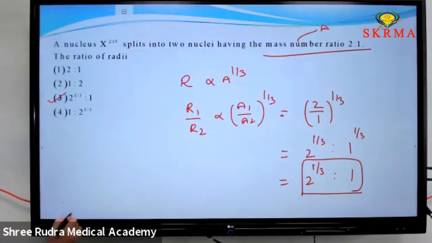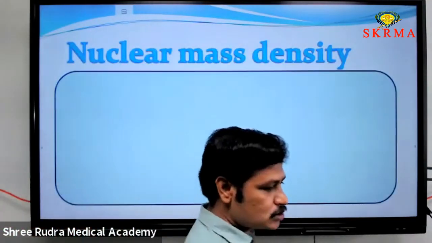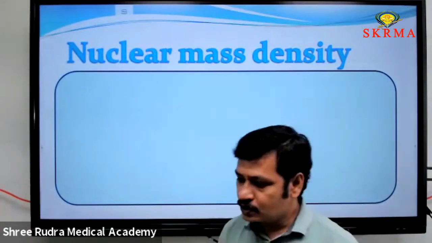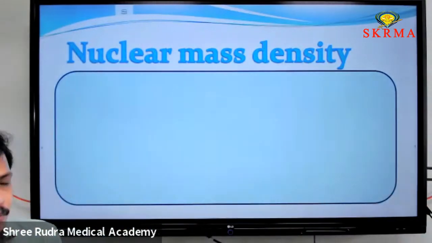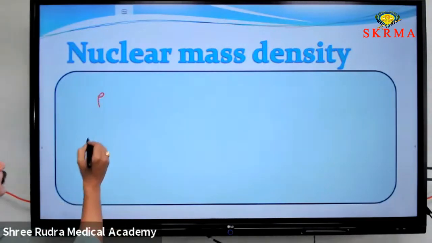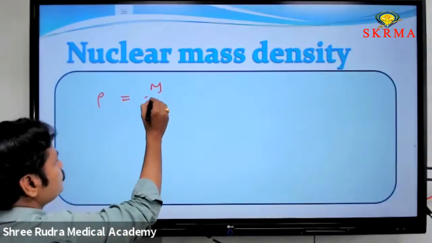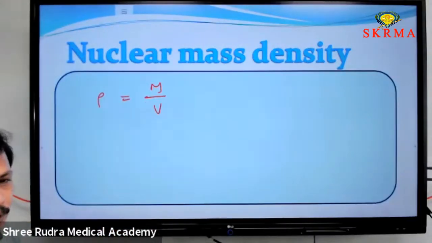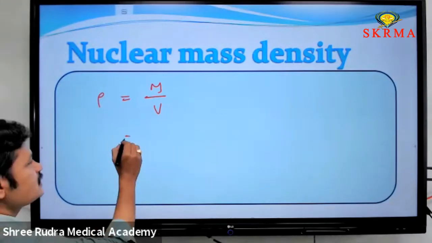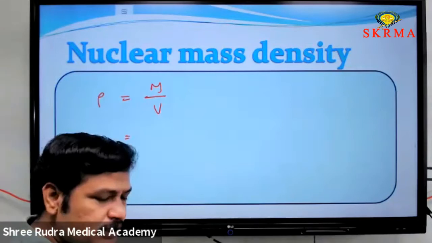Let us discuss the next property, that is nuclear density. This is also very important, because the nuclear density is almost constant. The general equation for density, represented with rho, is density equals mass by volume, here the mass of the nucleus by the volume of the nucleus.